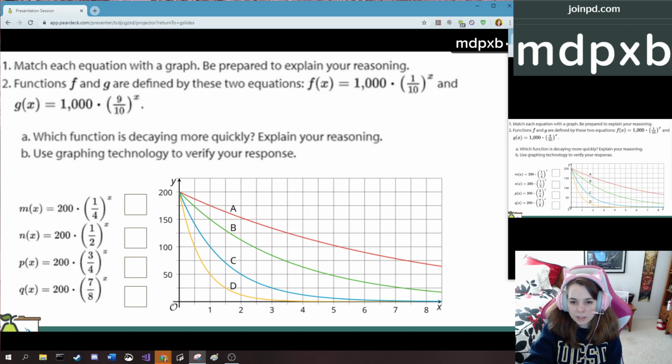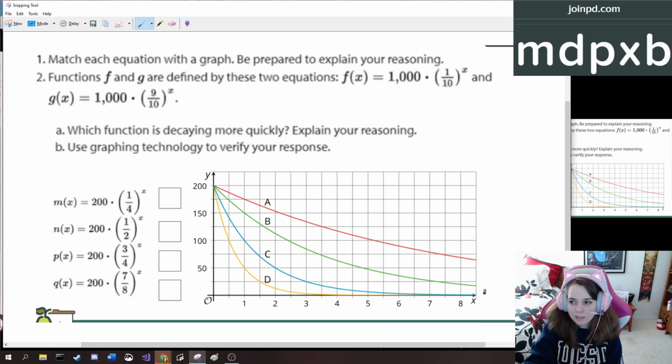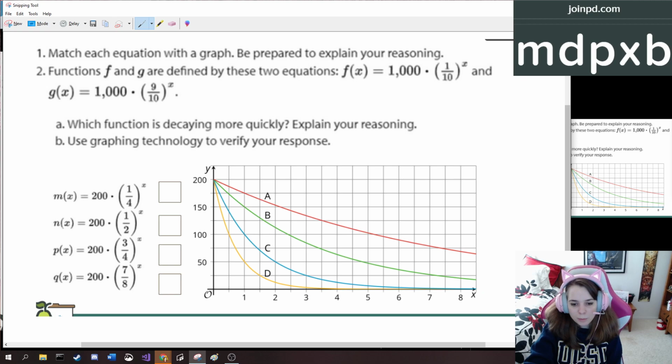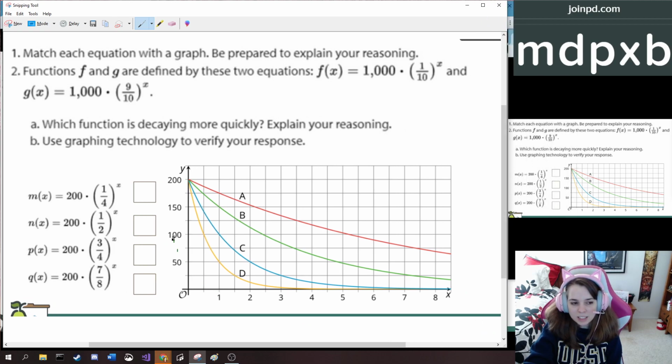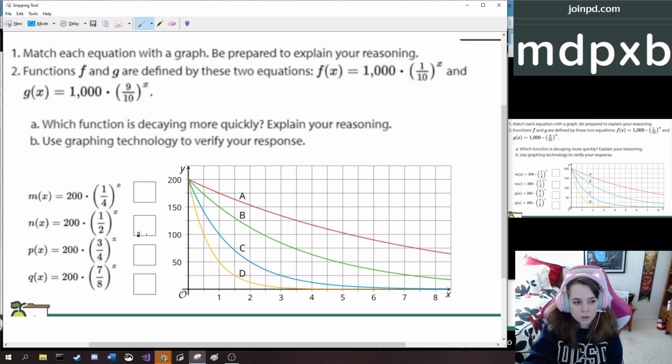And what we're learning about rates of change, if we have the same starting value, is that the rate of change is going to affect how quickly my money increases or decreases. So this is graph A, B, C, and D. I want you to match the graph with the correct equation.